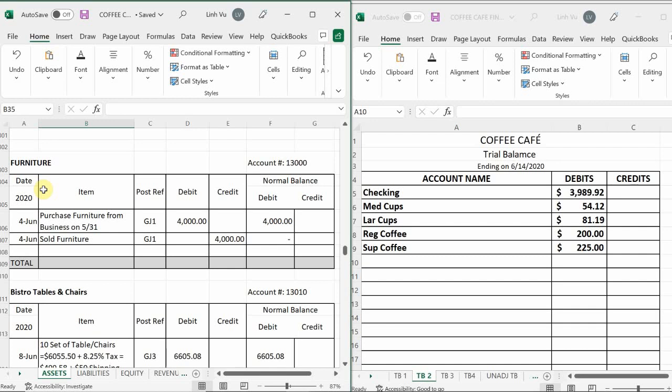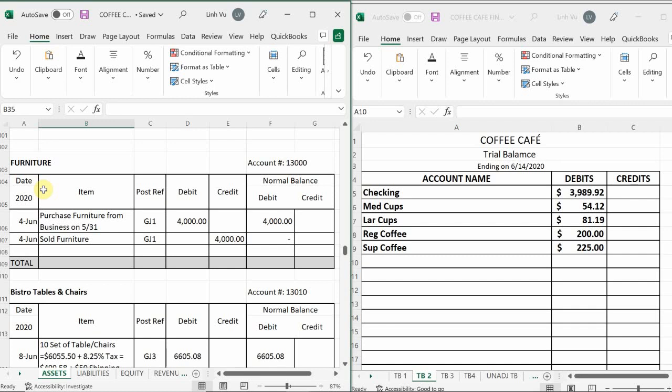Only some of those are actual furniture. Now, my question is, what about my furniture account? Is there something in my furniture account? What's my current balance in my furniture account? $4,000.